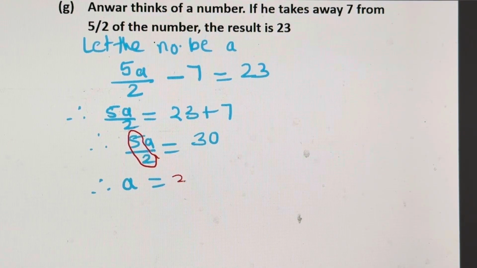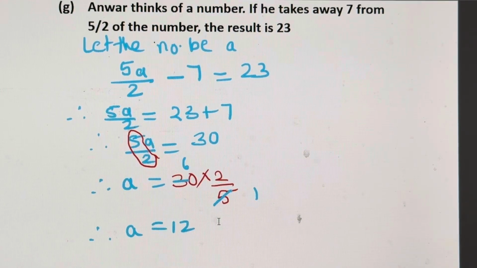We are transposing 30. We write it as it is. 5 upon 2, its reciprocal is 2 upon 5. Now we can just strike off. 5 ones are 5, 6 5s are 30. Therefore, the value of A is 6 multiplied by 2, that is 12. Right? So the answer is 12.